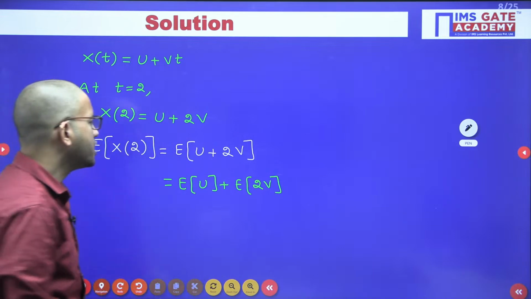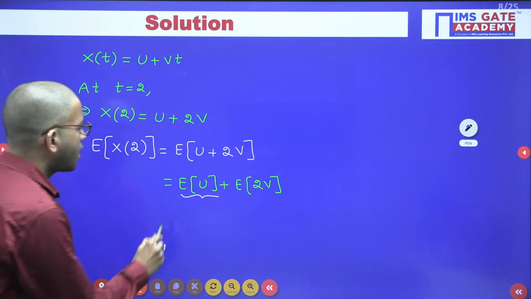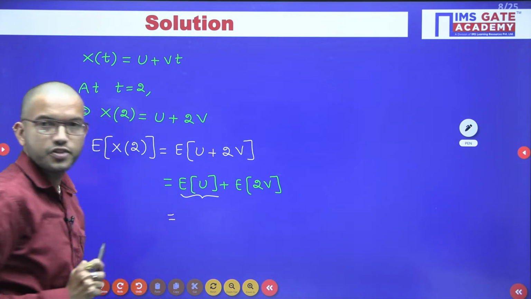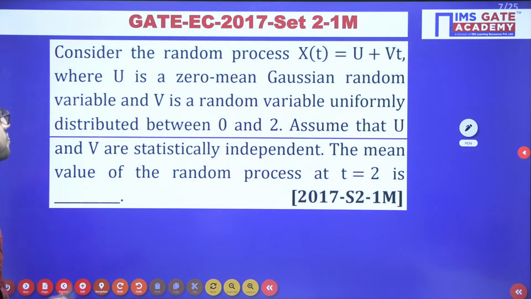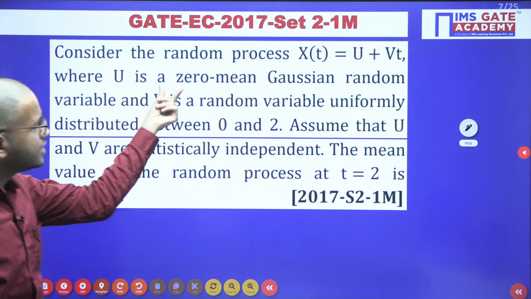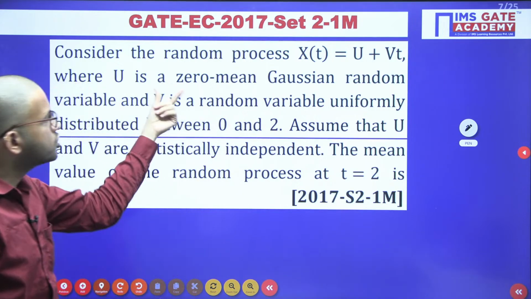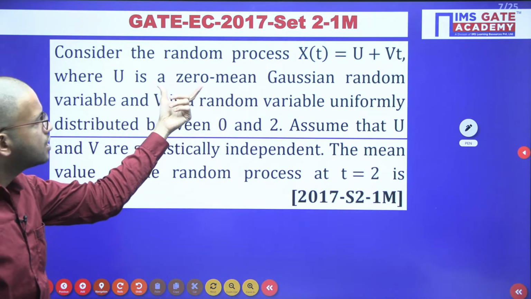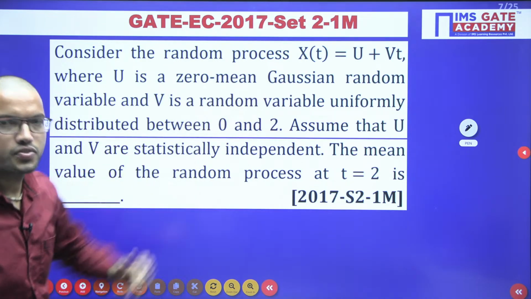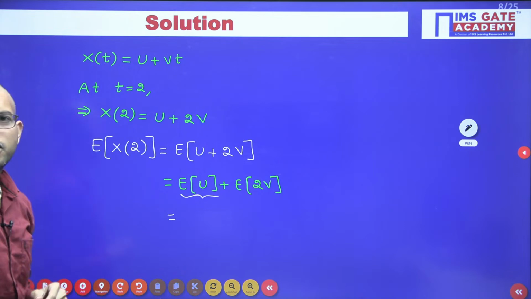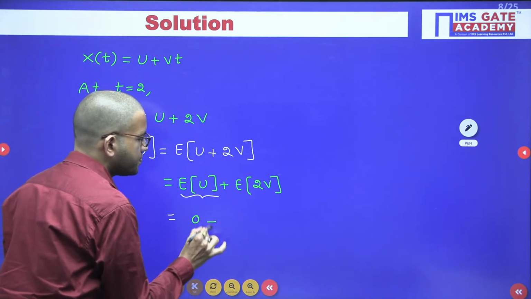According to the given question, what is the expectation of U? Already they have given the value in the question. If you have carefully read the question, U is a zero mean Gaussian random variable. So the mean value already given regarding U is 0. Expectation of U is 0.